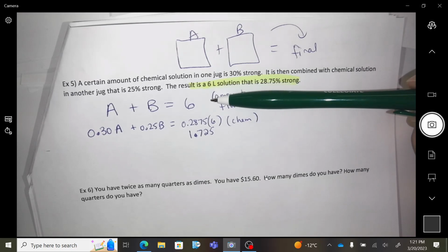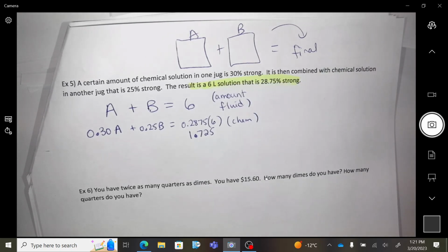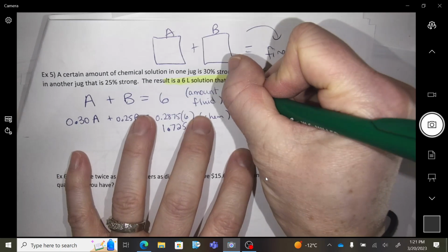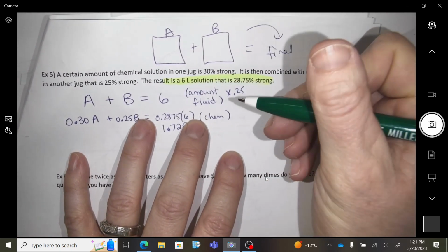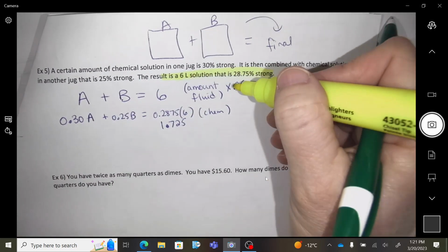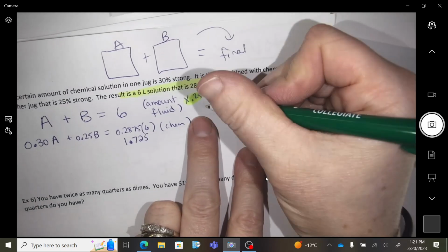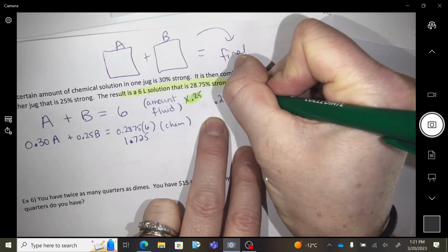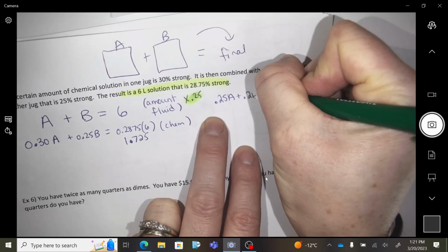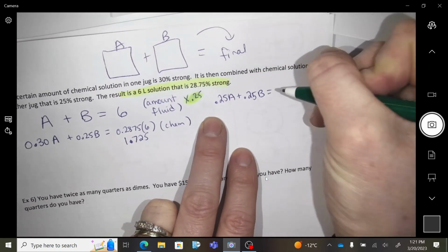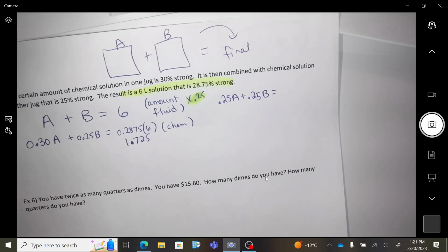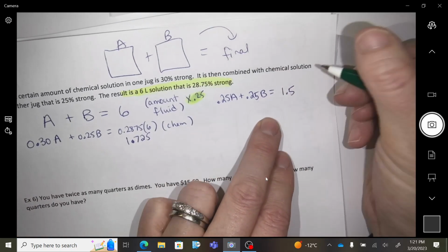I could do that to the first one. So let's multiply this top equation by 0.25, if that's what you want to do. So 0.25a plus 0.25b equals 1.5.